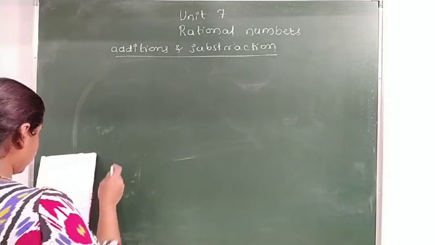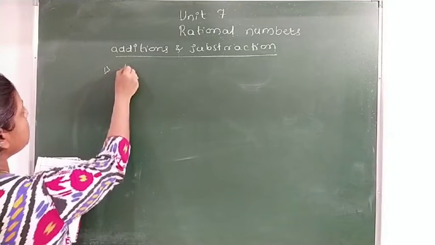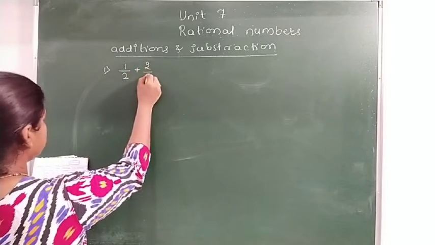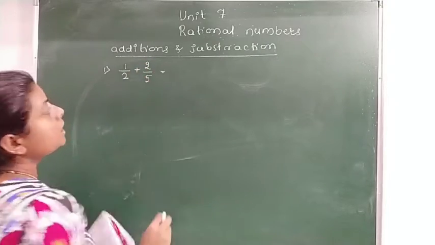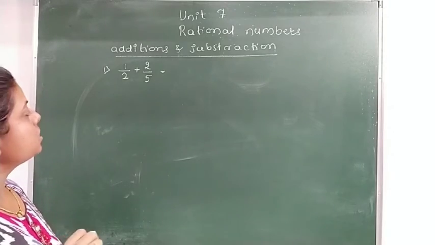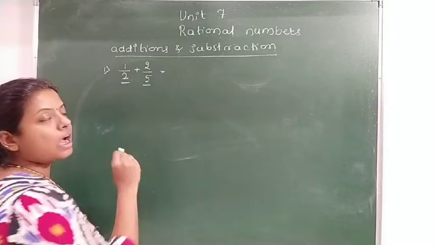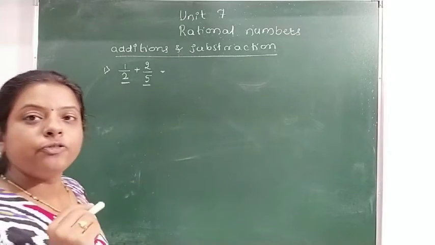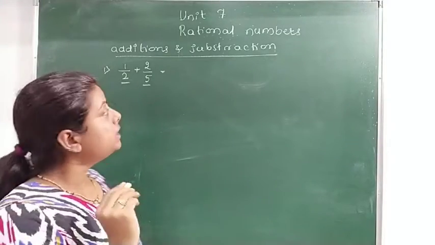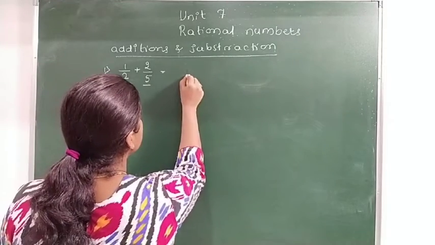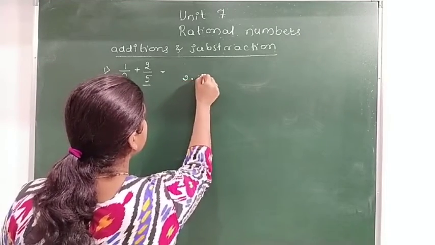Now we have to take one example: 1 by 2 plus 2 by 5. How to add rational numbers? See here, 2 and 5 are different denominators. At that time we have to multiply these two denominators, 2 into 5.